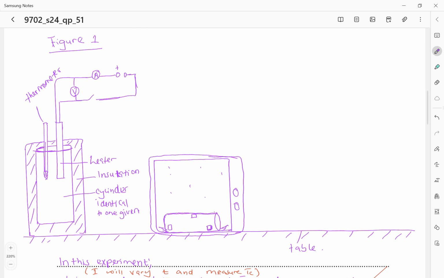So these ones are heat sensors or temperature sensors.